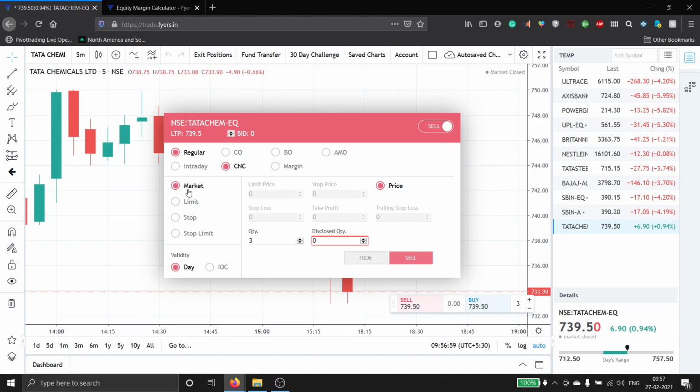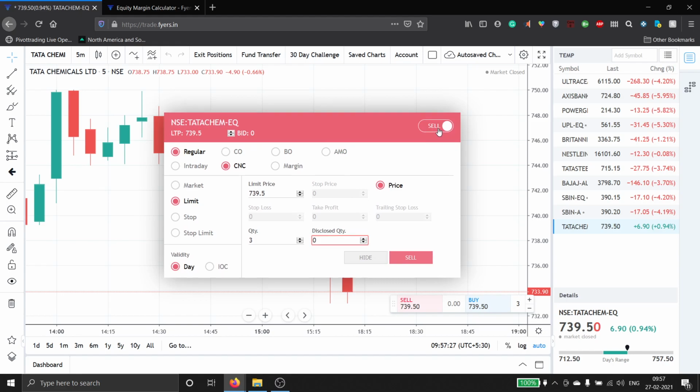Market price stands for the price of the current stock at the market, and the limit price stands for if you want to buy at the specified price. So if you want to buy at exactly 739.5, then you buy at limit price. Okay, so this is the meaning of limit.